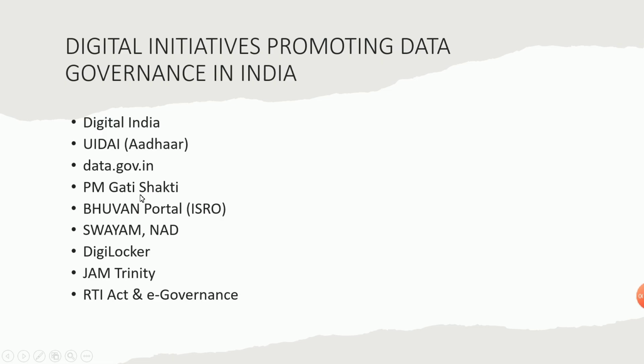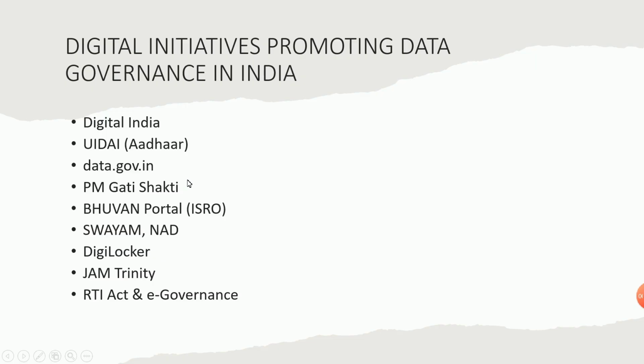Now these are the digital initiatives by our government, that is the Indian government. First is Digital India, next is UIDAI, that is Aadhaar, and then data.gov.in. This is the free website laid down by our government where we can access our own relevant data. Then PM Gati Shakti.